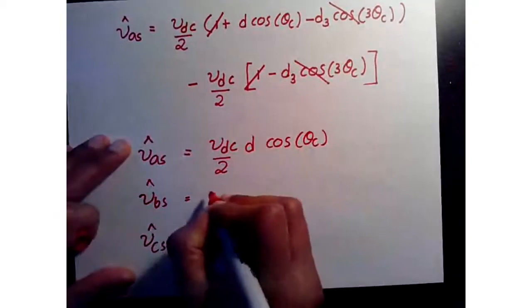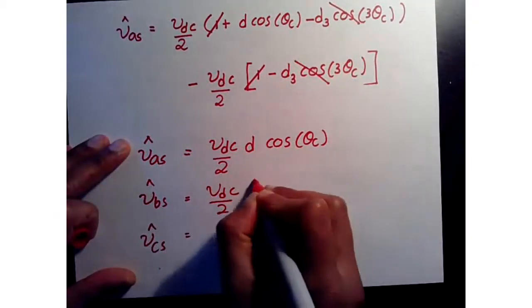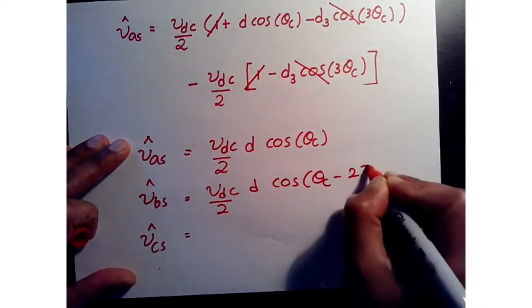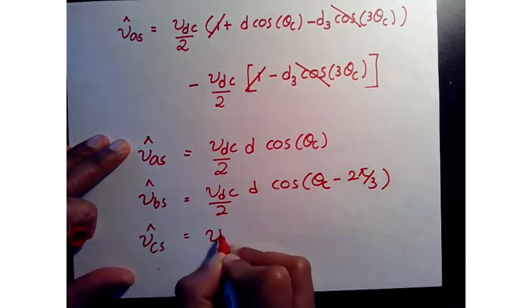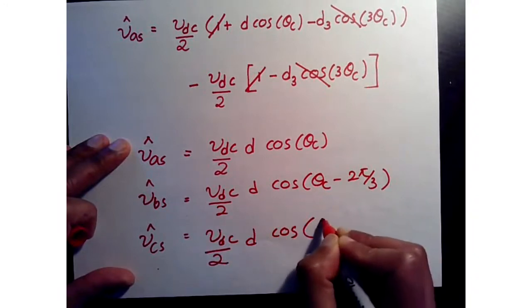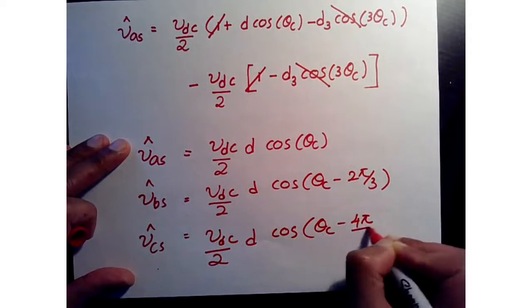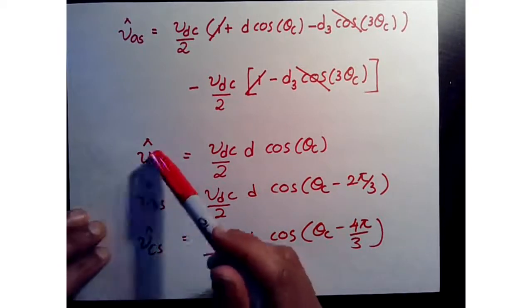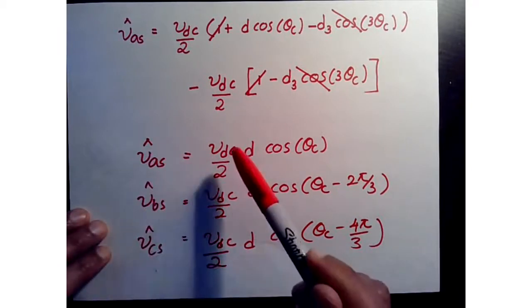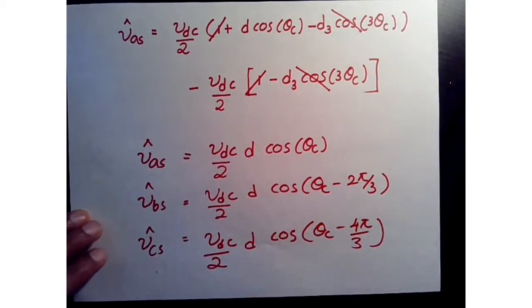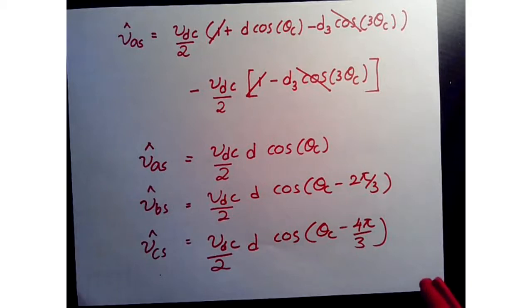So VDC over 2D cosine theta C minus 2 pi over 3, and here VDC over 2D cosine theta C minus 4 pi over 3. If you look at our VAS, VBS, VCS, we are still seeing the same voltages even though we are injecting the third harmonic component.